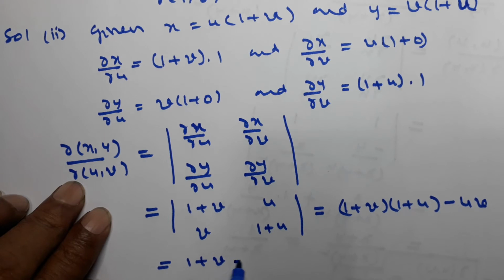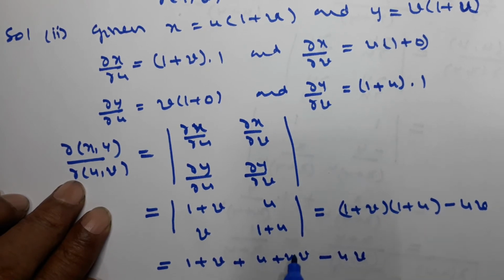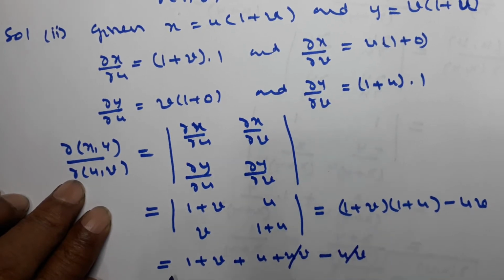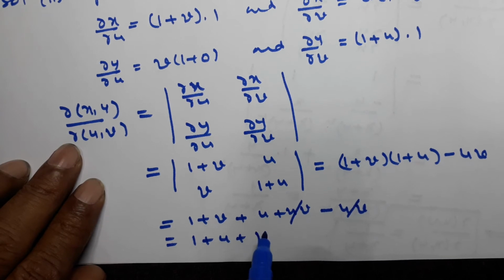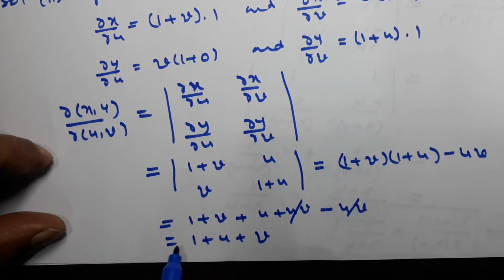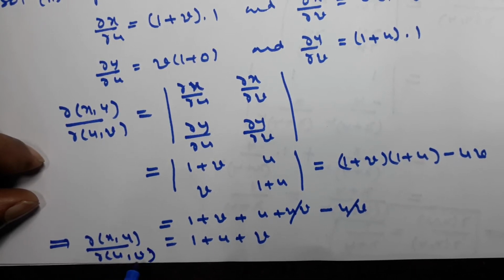Next, plus u can multiply, u plus uv. Next is minus uv is equal to 1 plus u plus v. This is dou of x comma y divided by dou of u comma v.